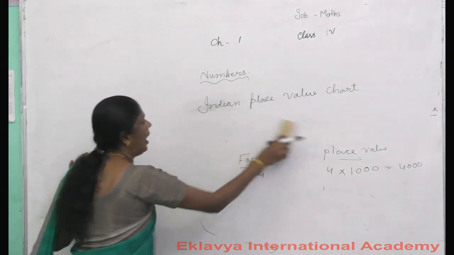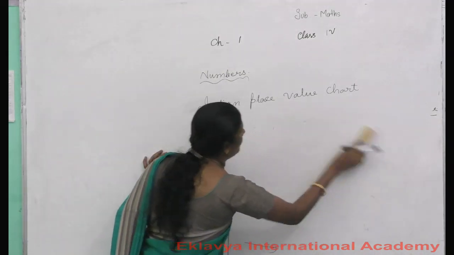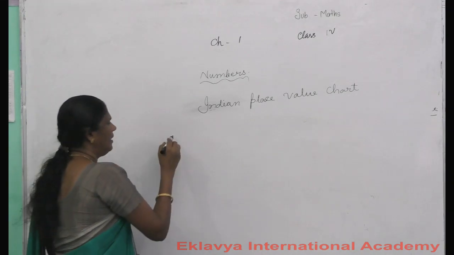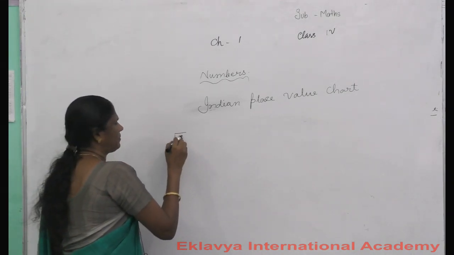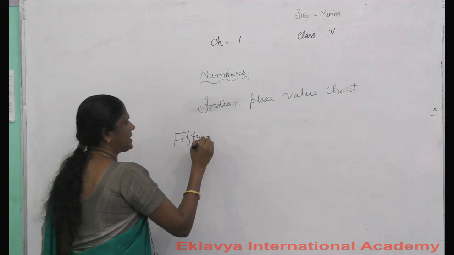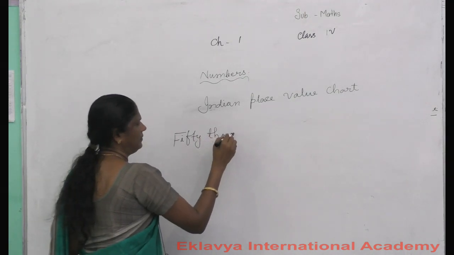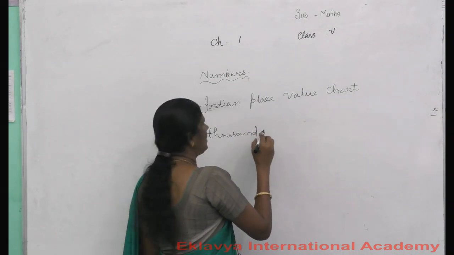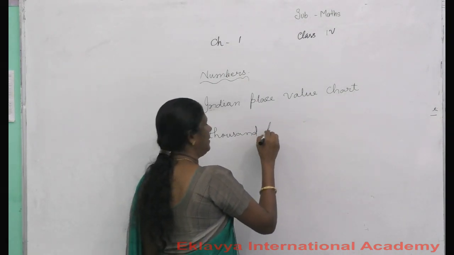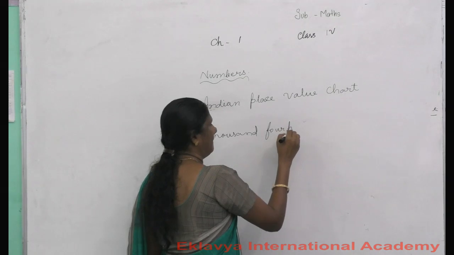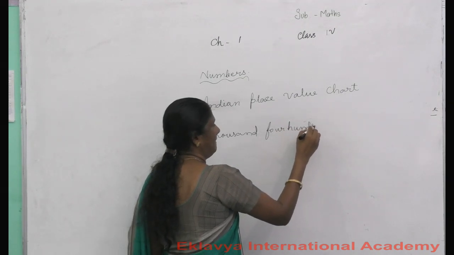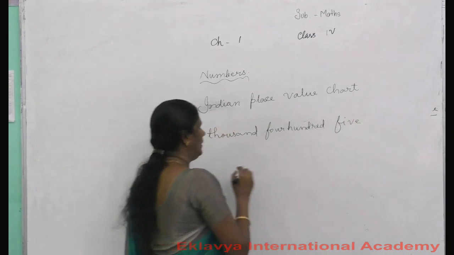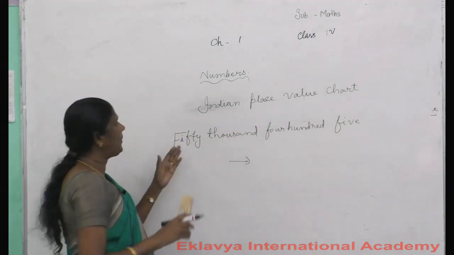Then how to read the number? Write the number: 50,400. The highest place is 50,000.